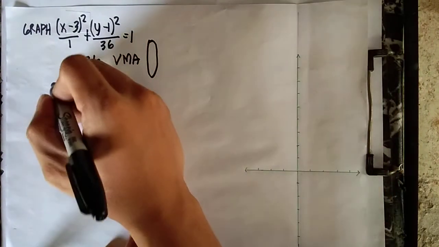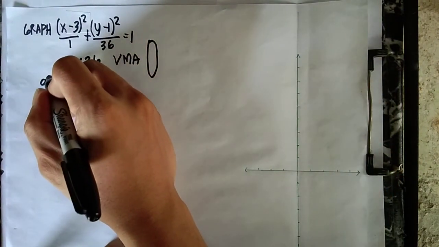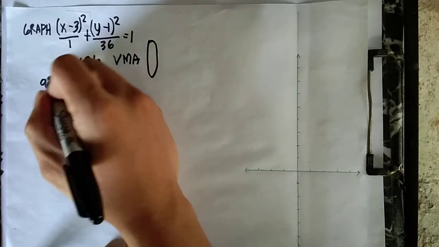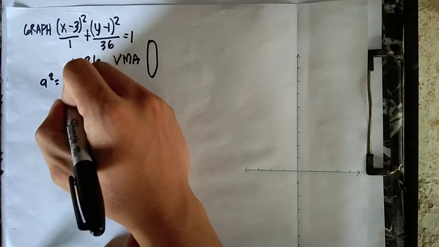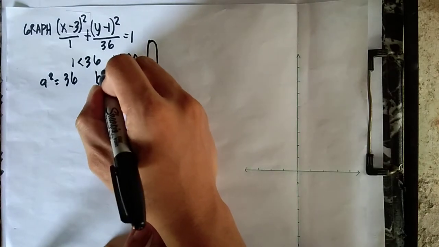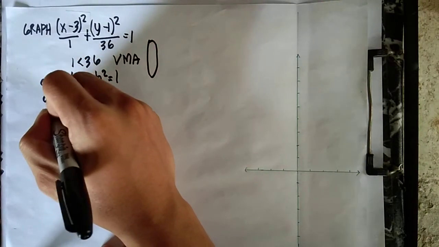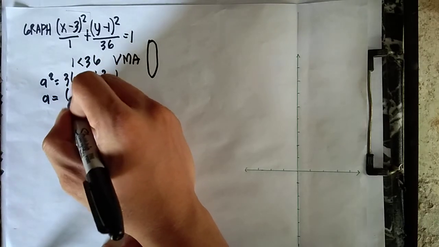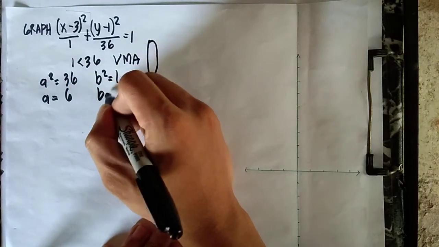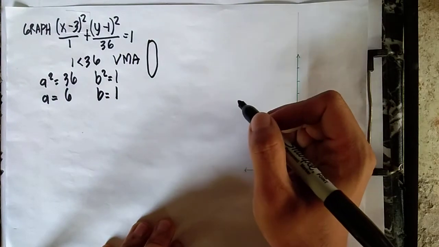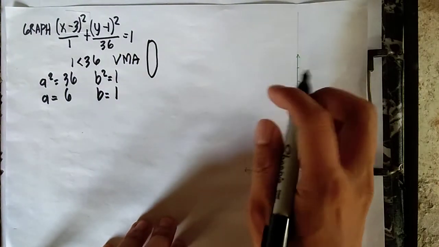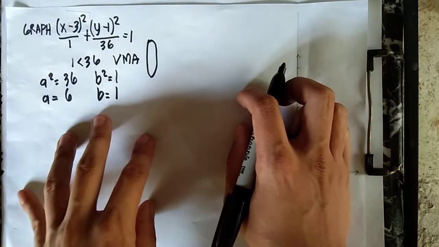So, we will have a squared is equal to 36 and our b squared is equal to 1. So, yung ating a is equal to 6 and b is equal to 1. Okay. So, alam natin yung a, alam natin yung b.